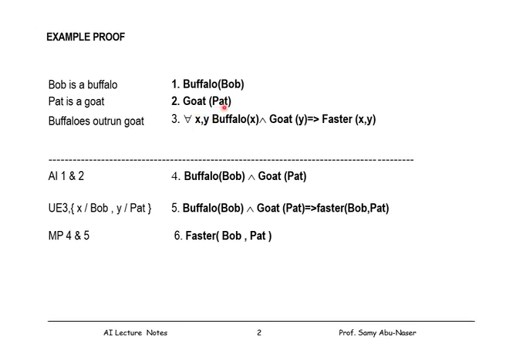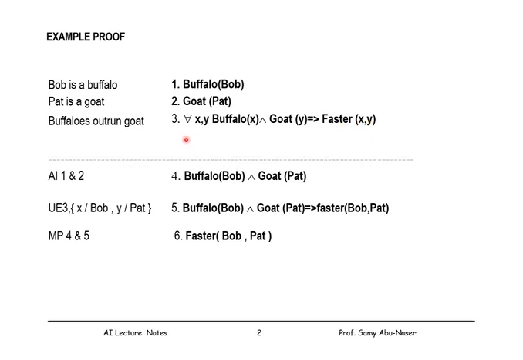Bet is a goat, we translate to Goat(Bet). For the third: for all x and for all y, if x is a buffalo and y is a goat, then x is faster than y. Outrun meaning faster.